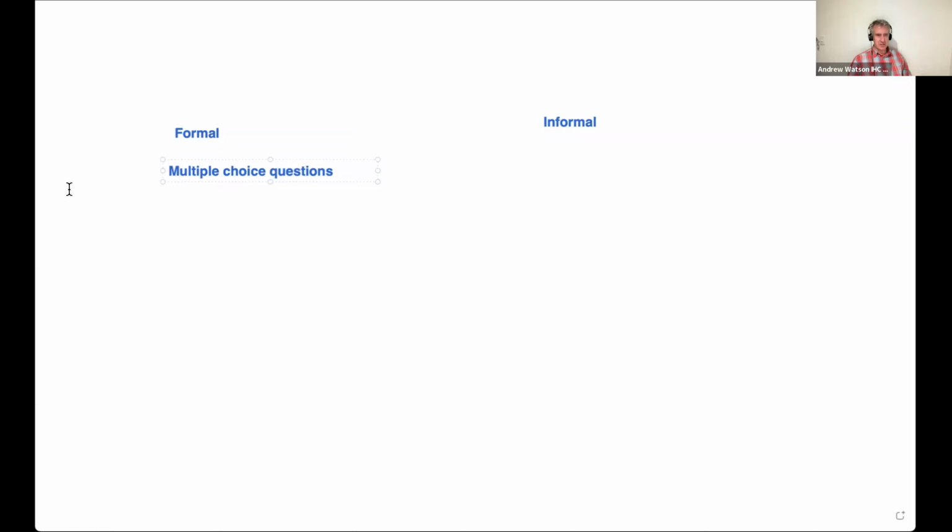How about another example? Maybe like a gap fill task. Often these are on tests. So yeah, let's put them there.